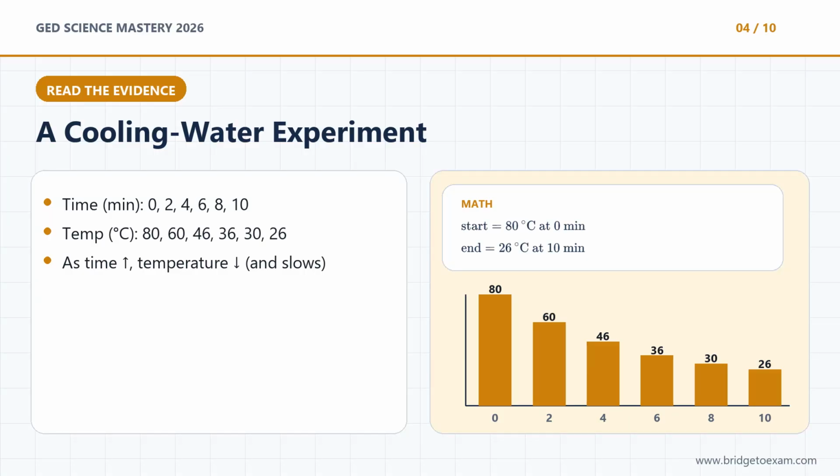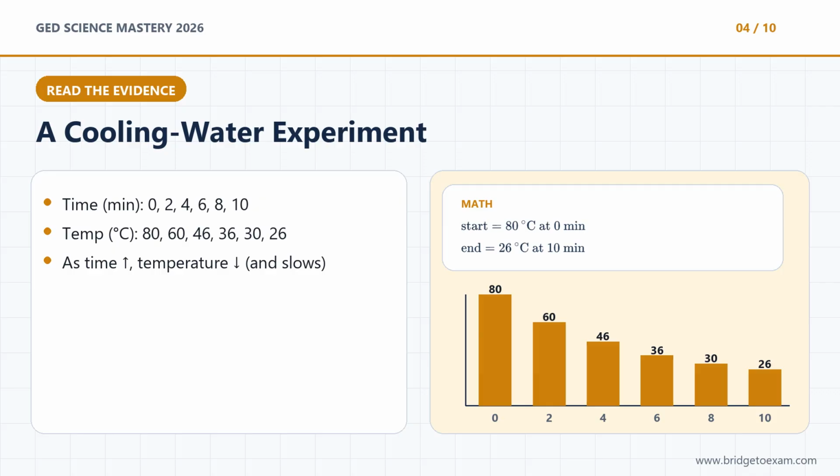Now a real GED style passage. A student poured hot water into a mug and measured its temperature every 2 minutes as it cooled, in a room that was about 22 degrees. Look at the bars. At 0 minutes, the water was 80 degrees. By 2 minutes, 60.